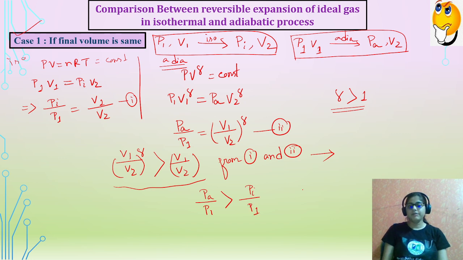So P1 will be cut out and the adiabatic pressure will be greater than Pi.